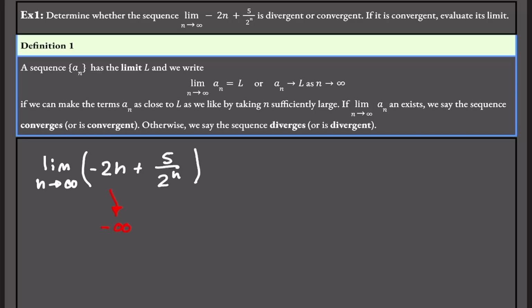And if I plug in infinity for this n here, then it would be 2 raised to infinity, which is a very large number, and 5 divided by a very large number tends to 0. So here we would have negative infinity plus 0, which is a very large negative number. Because it tends to negative infinity, we say the limit doesn't exist, and the sequence diverges.